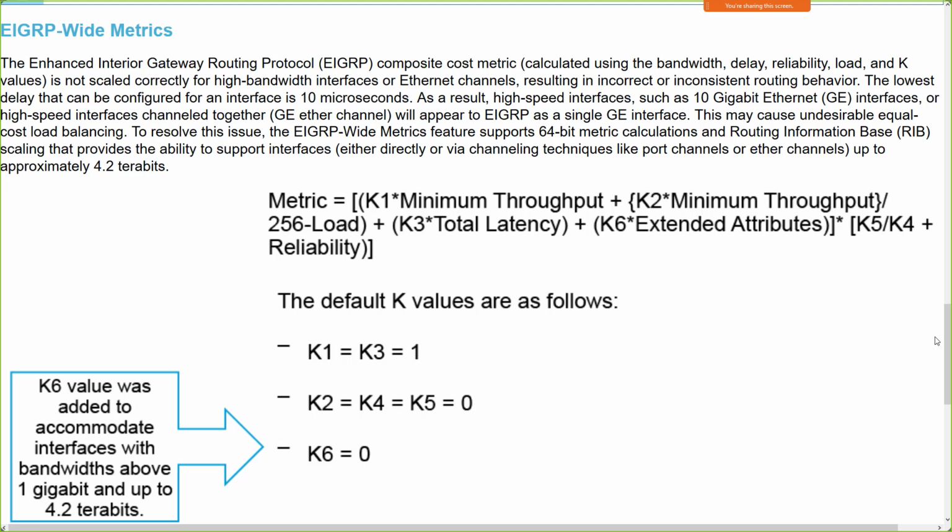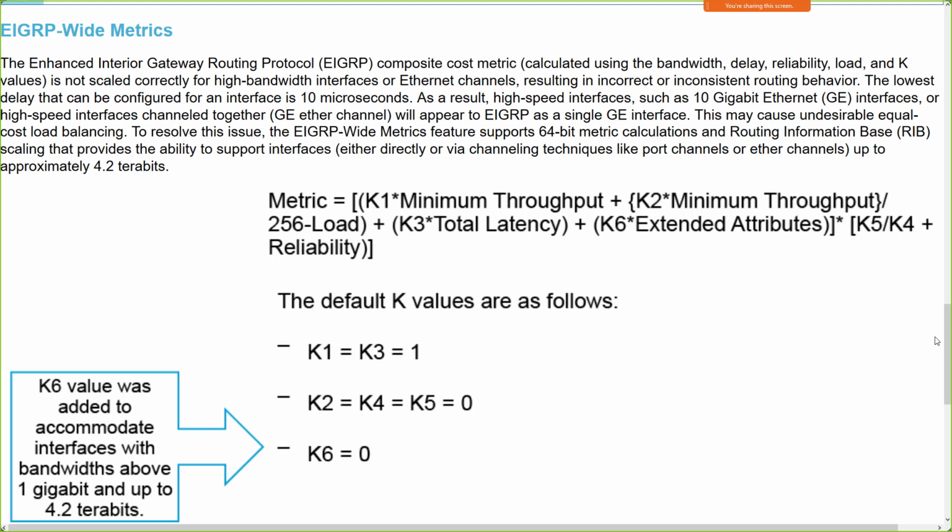So with more modern approaches, more modern network designs, we might see interface bandwidths that vary from very, very low values to very, very high values. And in that particular case, the metric field is just simply not large enough to differentiate between those different values.